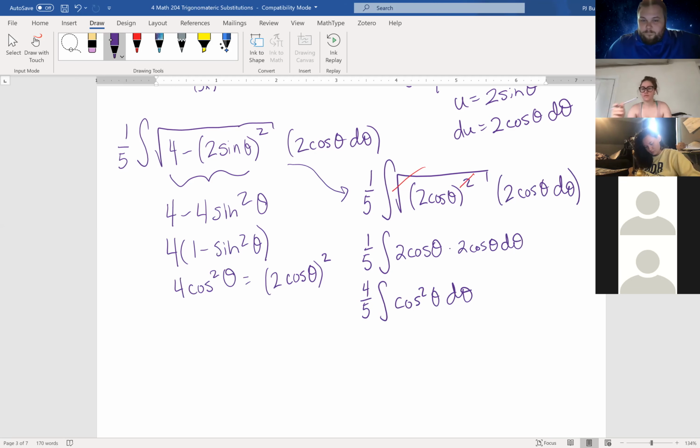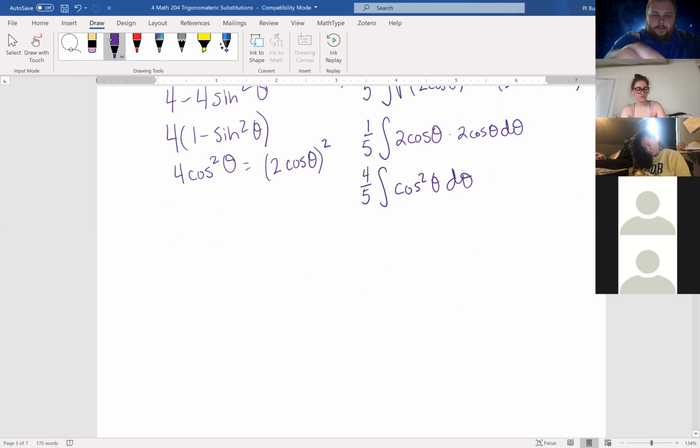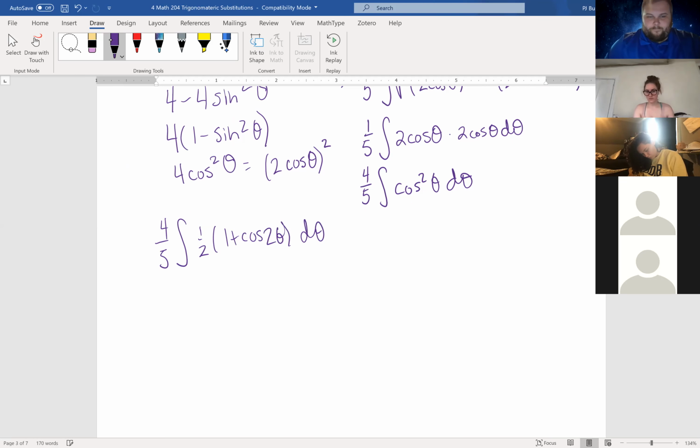The power reducing. Okay. So I've got 4/5. Then cosine squared is the same thing as 1/2, 1 plus cosine 2 theta. So these are going to cancel and give me a 2 out here now.